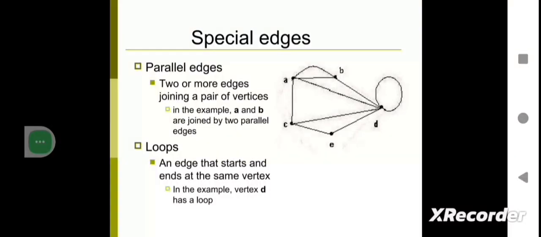Next definition, loops. An edge that starts and ends at the same vertex. For example, in the vertex D, an edge starts from D and ends also in D. That is called a loop.